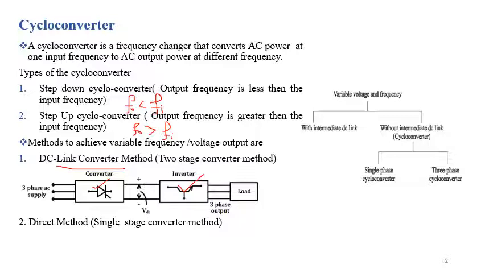The other method is called the direct method, which is a single stage conversion method, in which we are using controlled switches to achieve variable frequency or voltage.